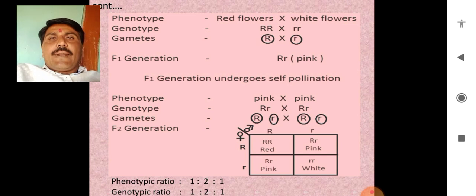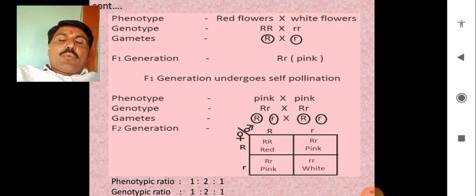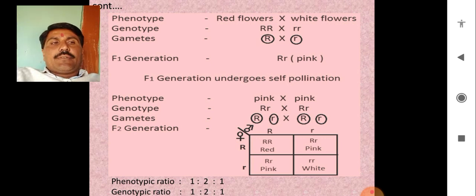Well, on self-fertilization of this pink flower plant of Mirabilis jalapa, what it produced in the F2 generation, in the next generation, was that the red as well as the white reappeared, and two pink were found in it.